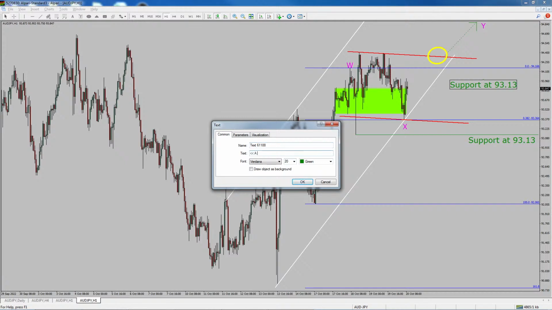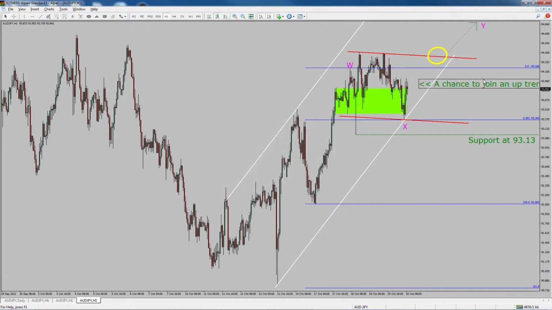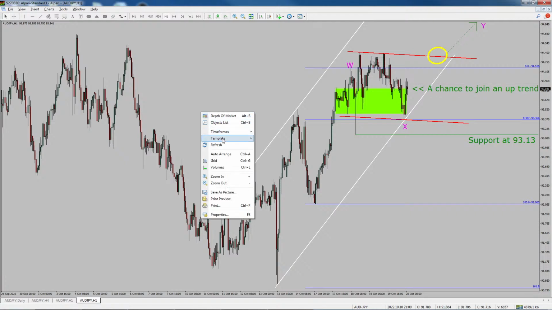So here's a chance to join an uptrend for those who are interested. Here's your chance.